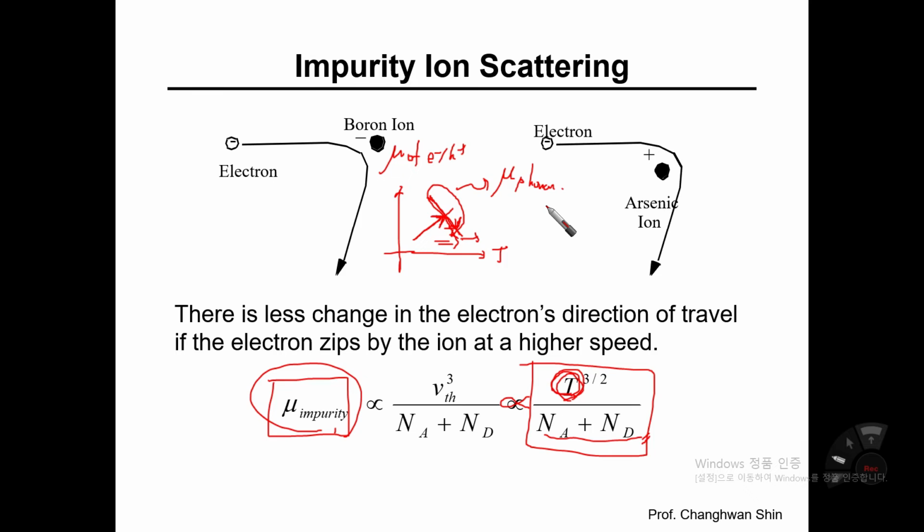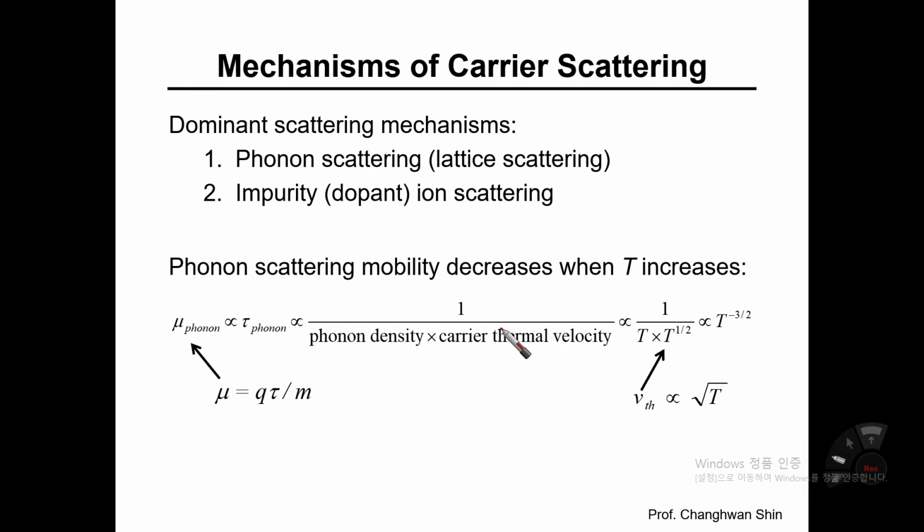In the previous slide, as we have learned, mu phonon is proportional to T to the minus 3 over 2. So if I draw this curve in a T versus mu plot, definitely as temperature increases, the mobility value is degraded.